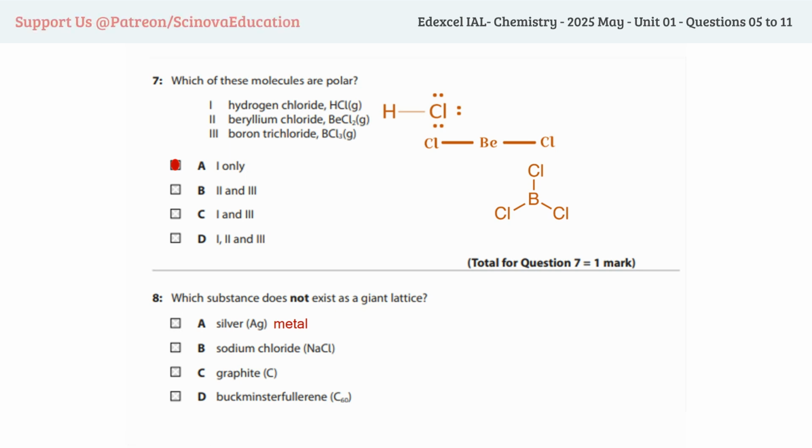Option C is graphite, which is again a giant structure made of covalent bonds, so that is also a giant lattice. But option D, Buckminsterfullerene, is a covalent structure, but it is considered a simple covalent structure because it's not a giant covalent structure. So option D.